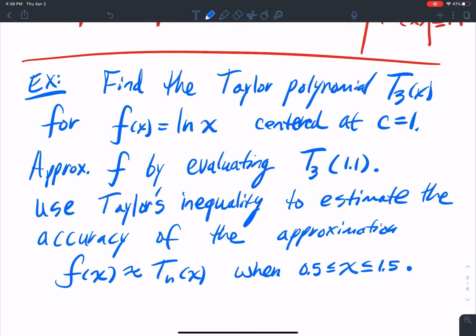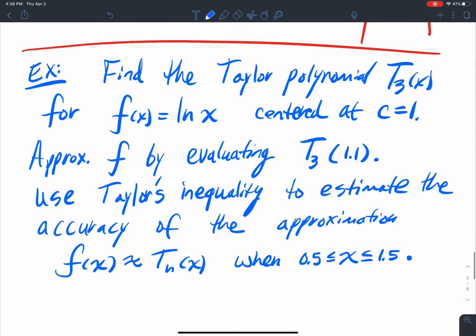So estimate the accuracy on this interval here.